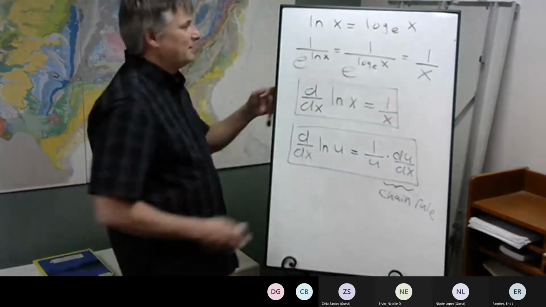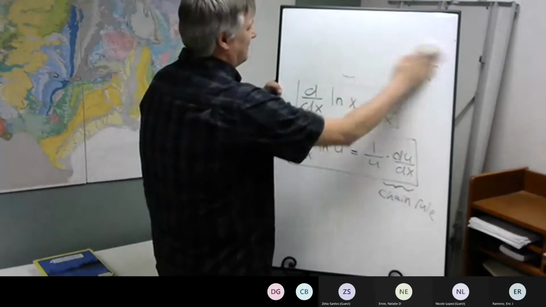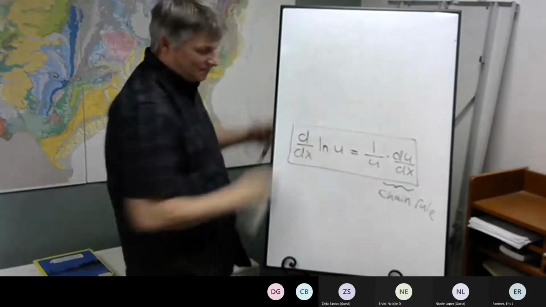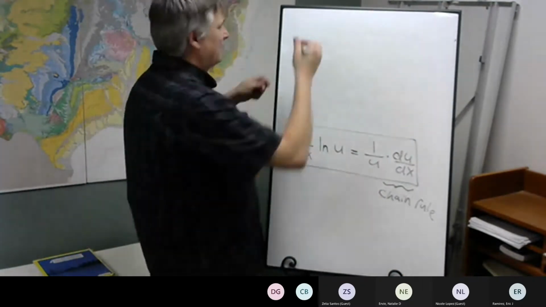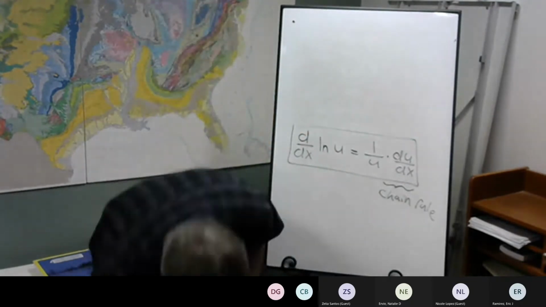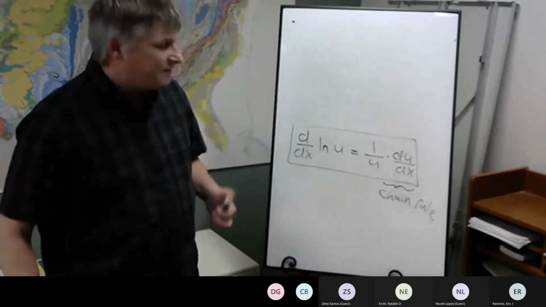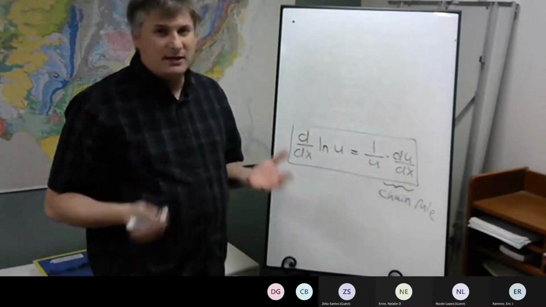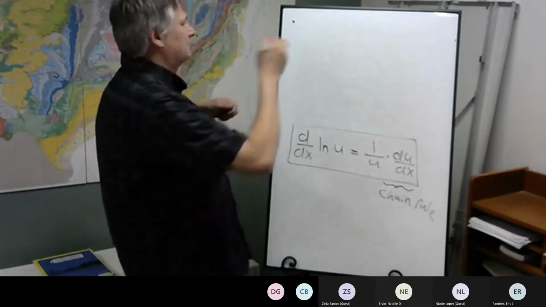So we're going to take a look at another one of these. Now, with that derivative of e to the x, the derivative of e to the x is just e to the x.